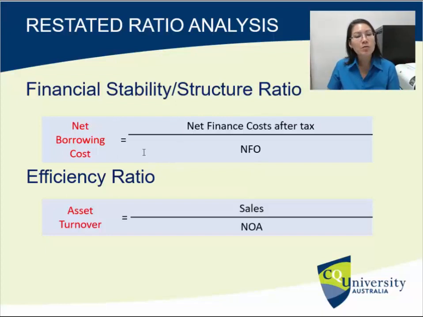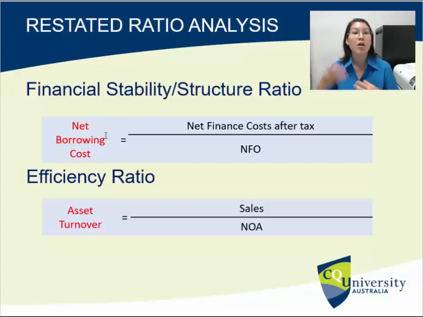And then that would be really interesting to compare to your firm's loan rates, because some firms in their financial statements will actually disclose how much they're paying in interest on their long-term borrowings in their notes. So you can actually say, well, I've calculated their net borrowing cost at 6%, but they're actually paying 7% on their loan. So actually this is really good.